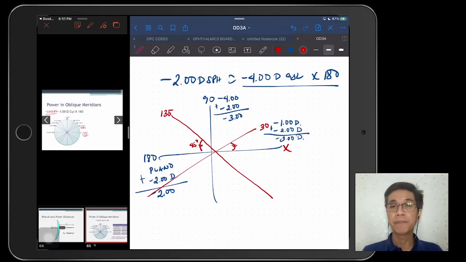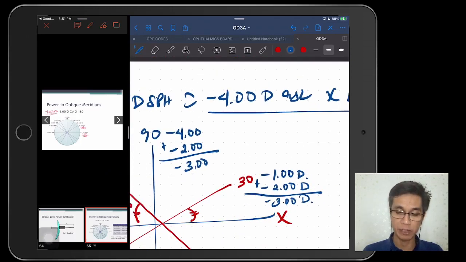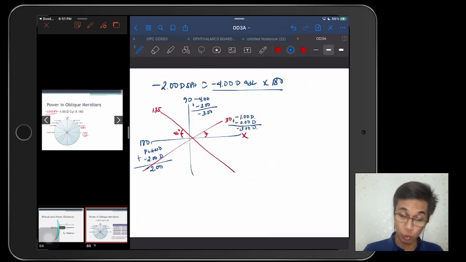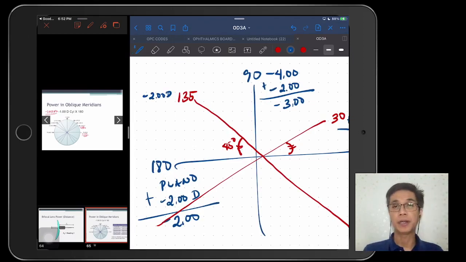Anong sabi natin? Kapag 45 degrees from the axis, tumatanggap yung meridian na yon ng 50% of the cylinder power. Ano ba ang cylinder power niya? Minus 4. Ano ba ang 50% ng minus 4? Di ba minus 2? So, ang 135 ko, babahagian ko ngayon ng minus 2 diopter.